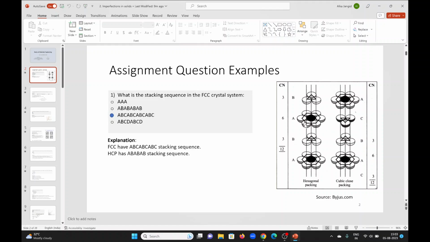Then the atomic position repeats at the third one. So it is AB type of structure for HCP. In case of FCC, when you go along the 111 direction, you see that AB, these atomic positions, repeat after two planes. So it is ABC type of structure, and both have a packing fraction of 0.74.